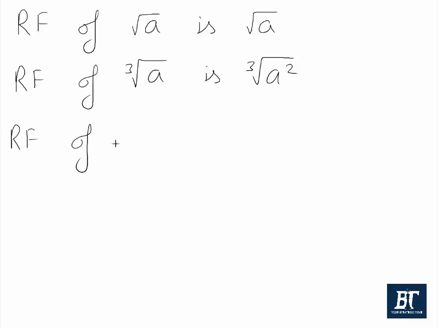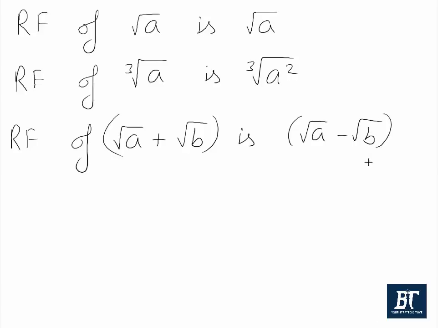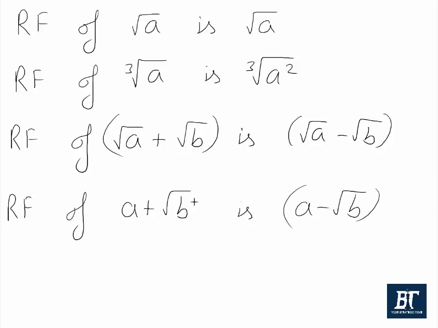Rationalizing factor of root a plus root b is root a minus root b, because when you multiply these two, you get root a the whole square, which is a, minus root b the whole square, which is b. So you get a minus b, which is a rational number. Similarly, rationalizing factor of a plus root b is a minus root b. So students must remember these rationalizing factors.